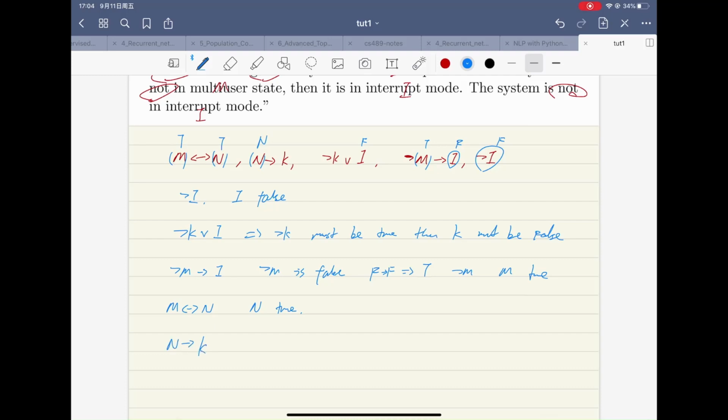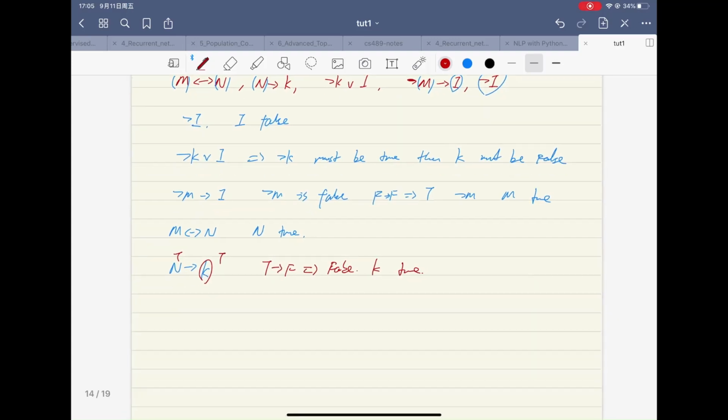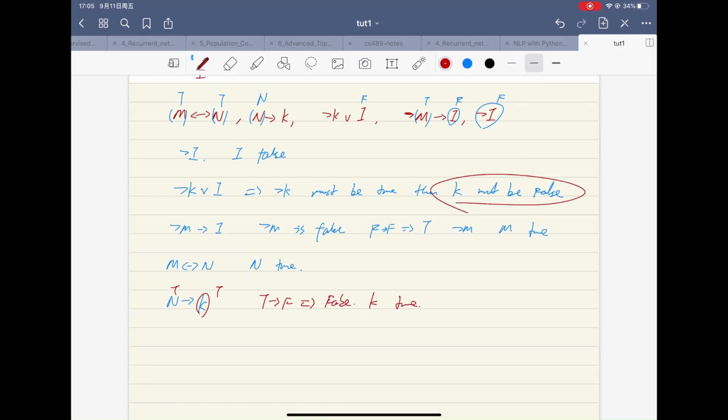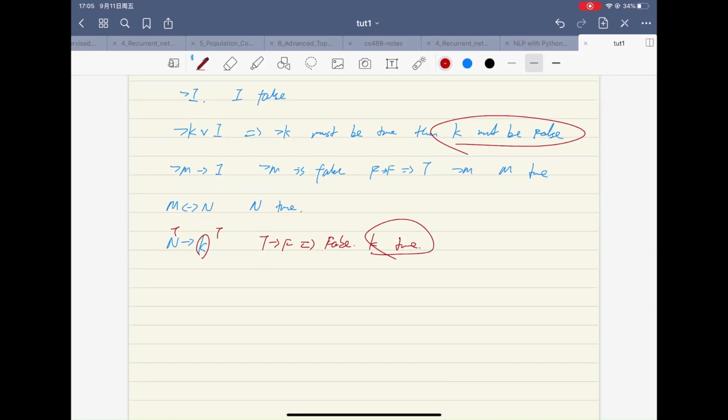And then we have a look at n implies k. As we know, if we want the final result of the implication to be true, and we know the hypothesis is true, then k must be true, because true implies false is false. So k must be true. However, we know from above that k must be false, and here we know k must be true.